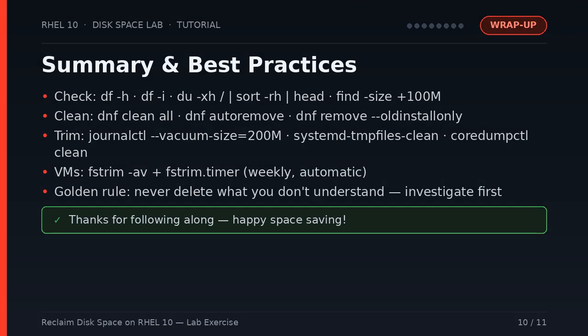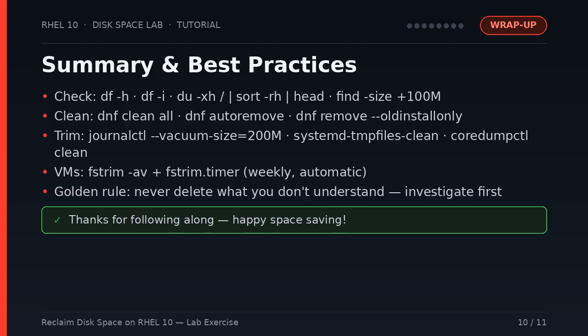Let's recap the commands. To check usage, df -h and df -i. To find space hogs, du -xh / | sort -rh | head, and find with -size +100M. To clean the package manager, dnf clean all and dnf autoremove.